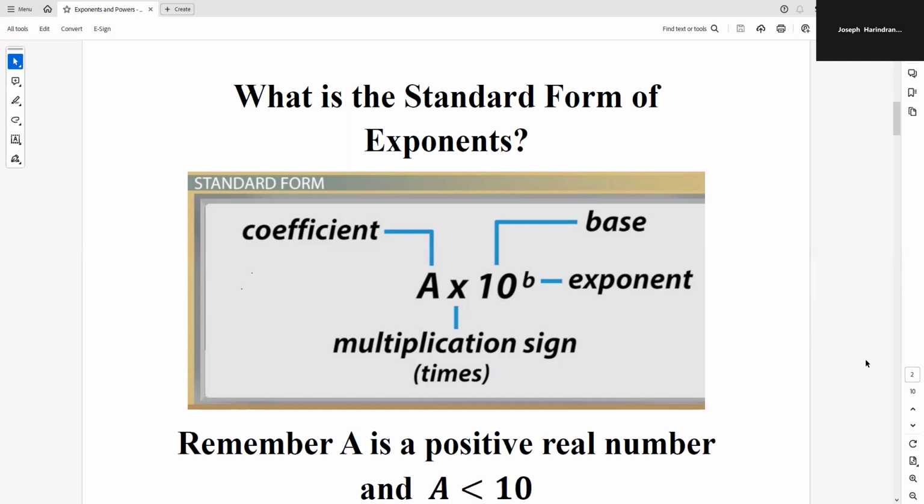Remember, a is a positive real number, and a is less than 10.